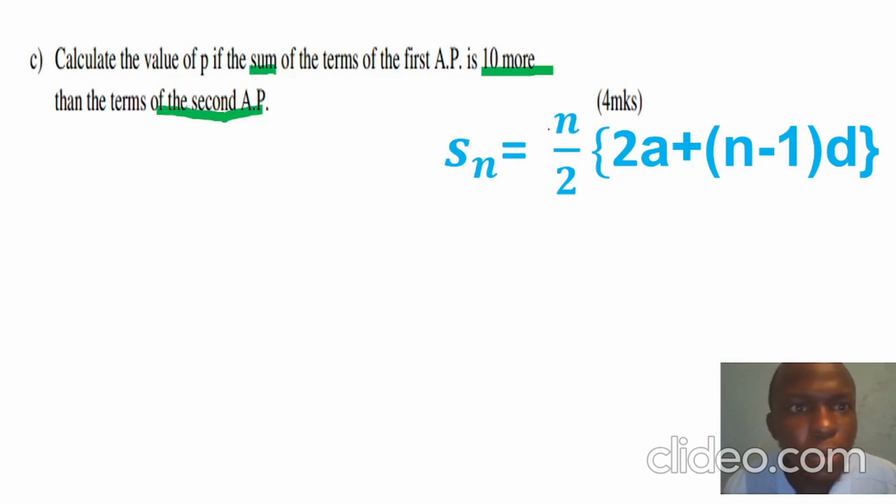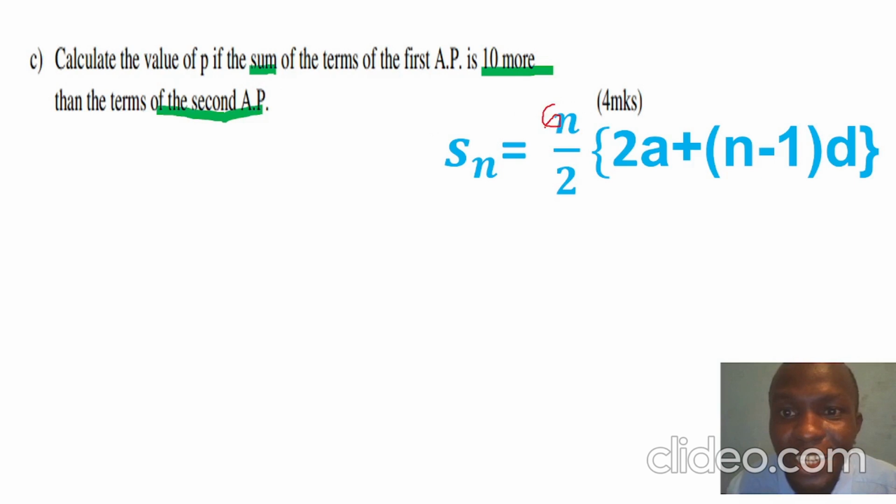Let us know what is provided. N is not provided in this particular part. It isn't provided, but we are told that the last terms for the first is 6.